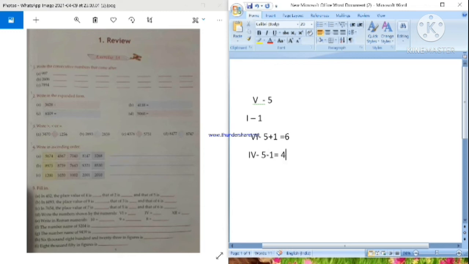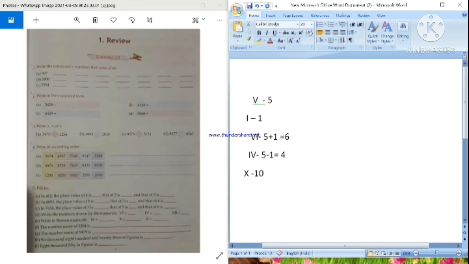So here it is asked about VI, that is 6, and this is IV, this is 4. Now we all know that X is the symbol for 10, because you already learned all these things in your previous class.